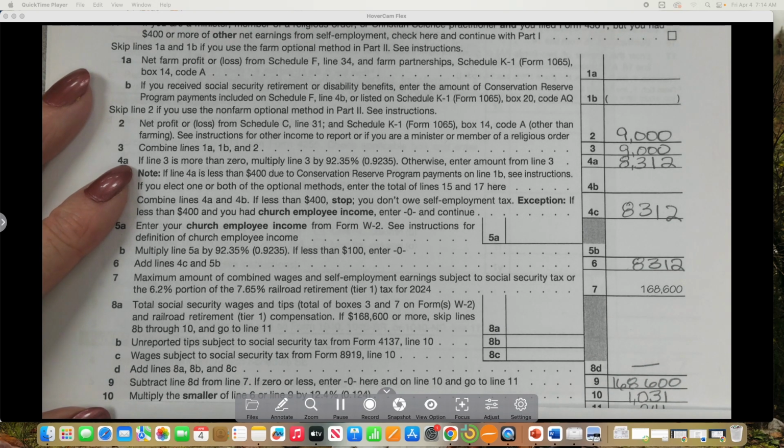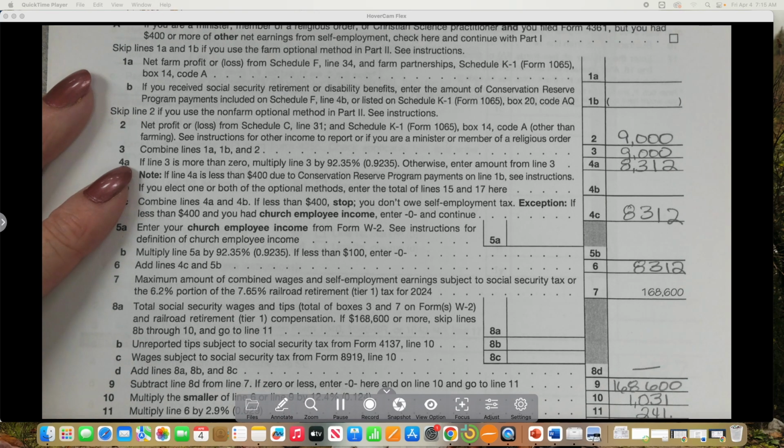So we're going to multiply line 6, because it's the smaller of line 6 or 9. If I look at 9 and I look at line 6, this is a smaller number because obviously we didn't make that much. So if we multiply that by 12.4, we're going to get 1,031, which is going to be our Social Security.